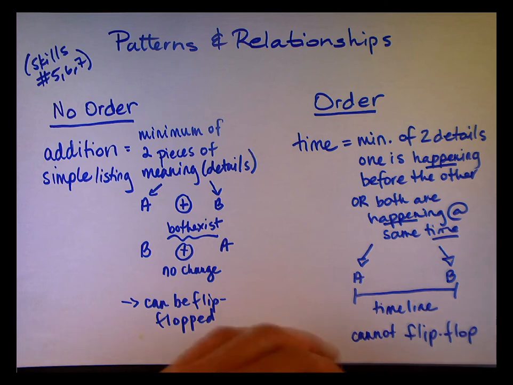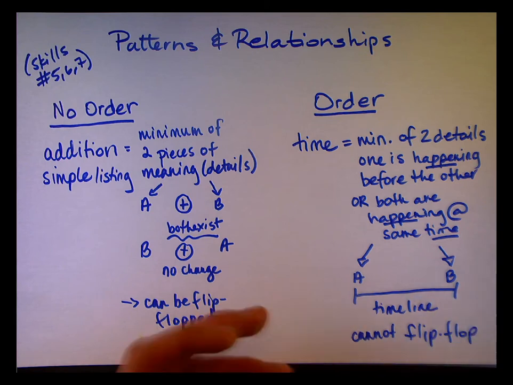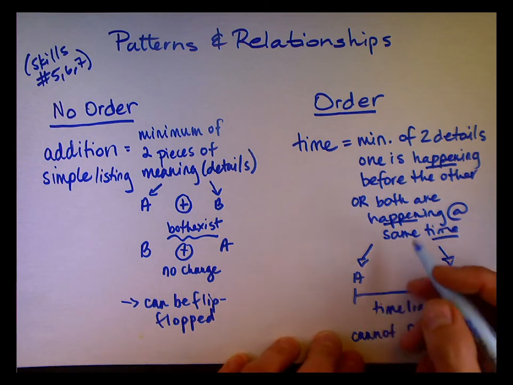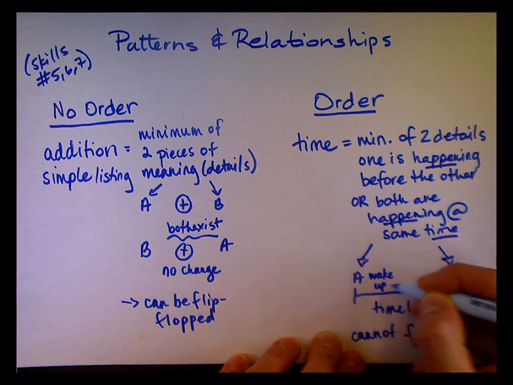And you cannot flip them. They cannot be flip-flopped because that would totally change the meaning. Here, flipping and flopping them will not change the meaning. With time order, A has to come first, B has to come second. Now, that does not mean that A caused B. That's going to be a different pattern. With time order, it's just simple events in time.